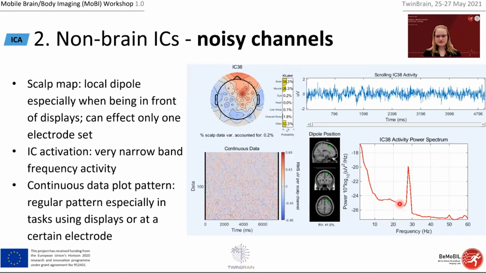And here you can see that as those data sets were processed using Zapline, the line noise is removed pretty well, but this other noise component remained.